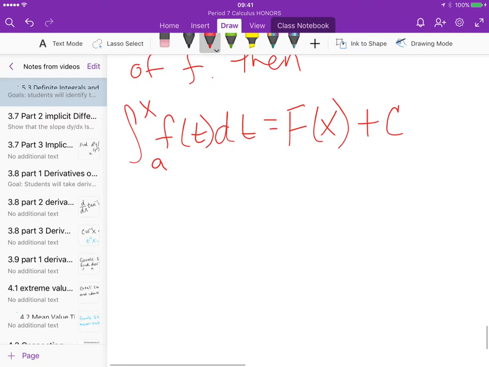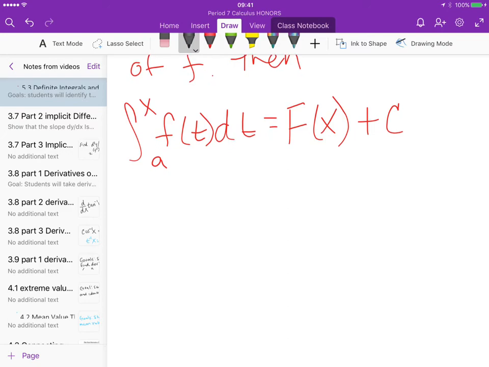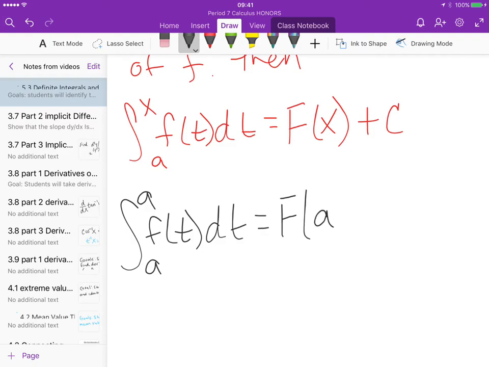So let's say I change some things up on you. Let's say now we're going from a to a, all right, of f of t dt. This would equal F of a plus c, right? Our upper bound, a plus c.